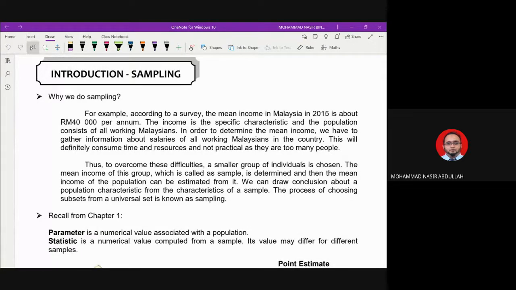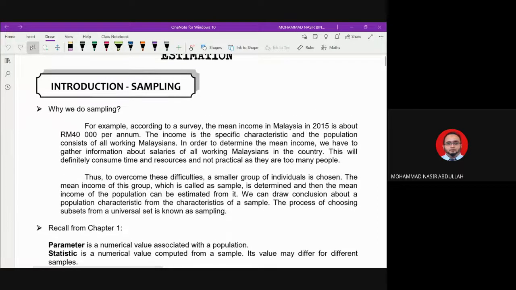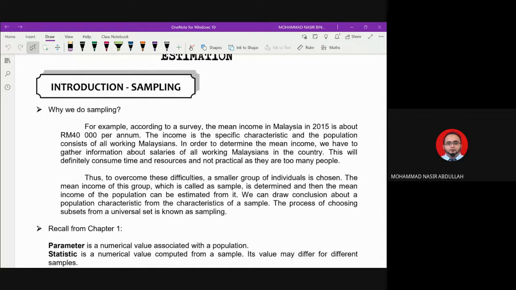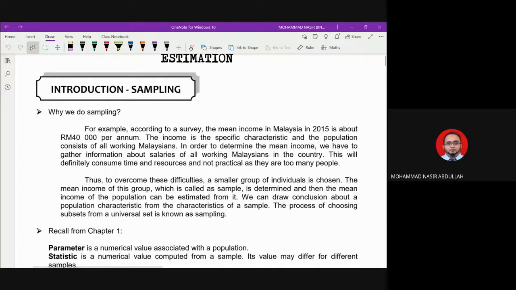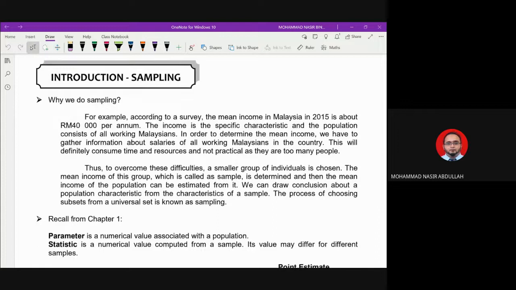So we already learned about population, the definition of population, which is all members in the study area, right? And we also learned the definition of sample, meaning a portion from a population, and some methods in sampling.